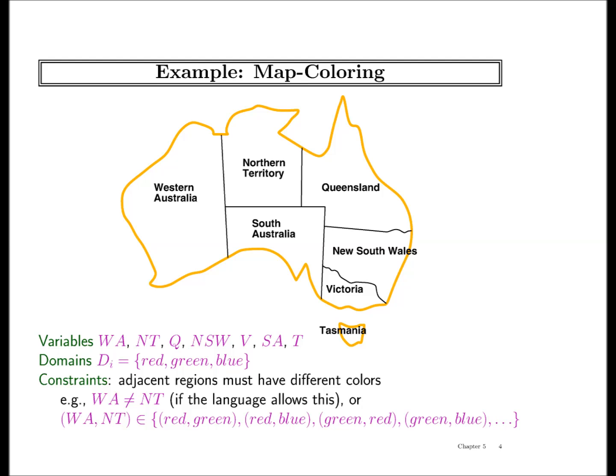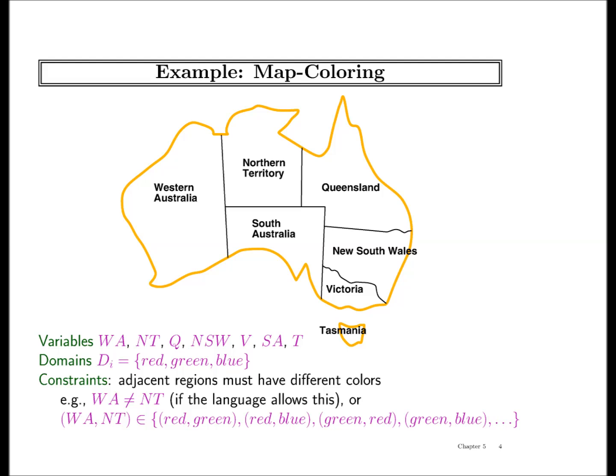And so these are our variables: Western Australia, Northern Territory, Queensland, New South Wales, Victoria, South Australia, and Tasmania. And we want to do 3-coloring. So we are allowing red, green, and blue to show up in any of these states. And the constraint is that no adjacent states can be colored with the same color. So, standard map coloring constraint.